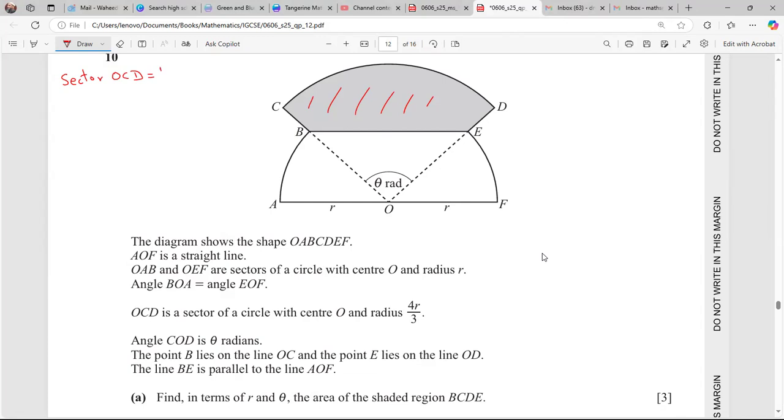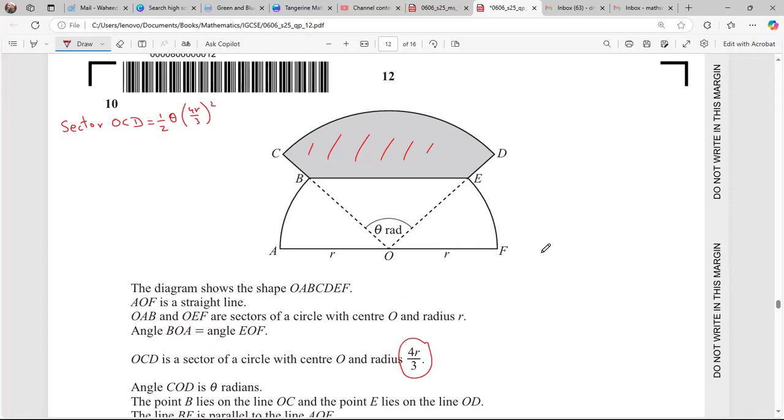This is going to be half theta r square, and r is 4r by 3. Remember this OC distance, the center of the circle with center and radius, this is 4 by 3, and then it is squared.